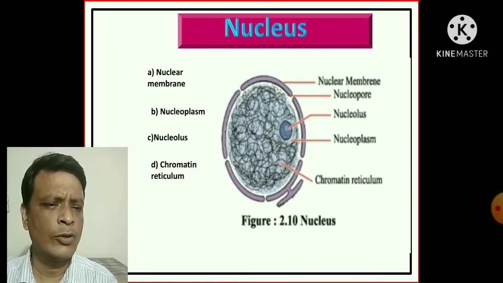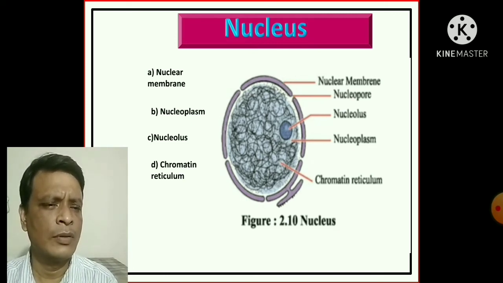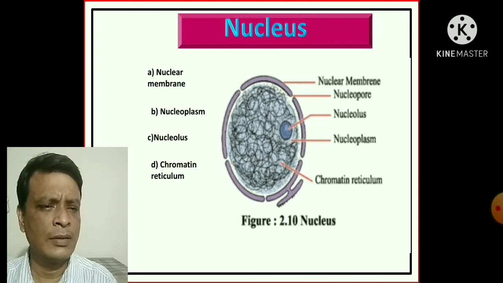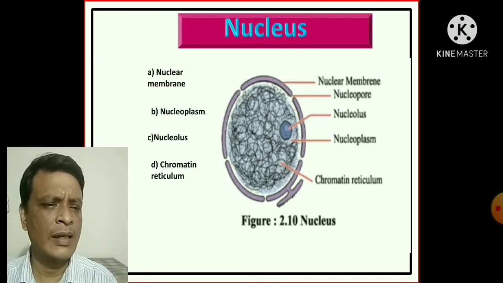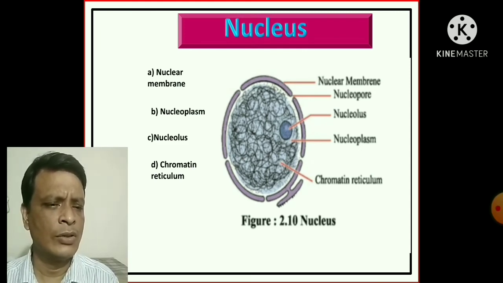The chromosome is the main hereditary material of the living organism. It bears the gene, and the gene controls all the activities of the cell, and this gene carries the genetic hereditary characters from one generation to the next generation.